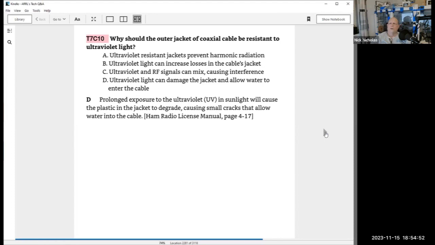Why should the outer jacket of a coaxial cable be resistant to ultraviolet light? Well, if you're leaving your coaxial cable outside, you want one rated for UV exposure, because most of them are made of PVC. Standard PVC breaks down in high exposure to UV light.